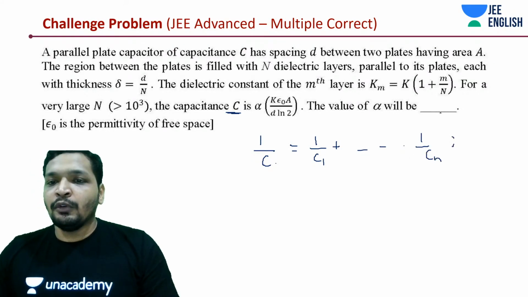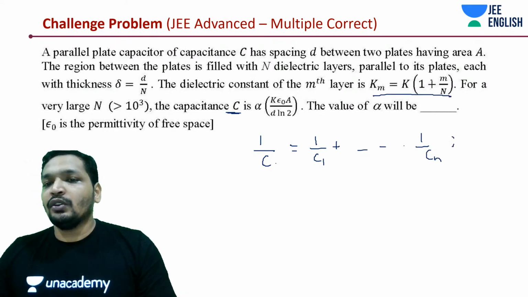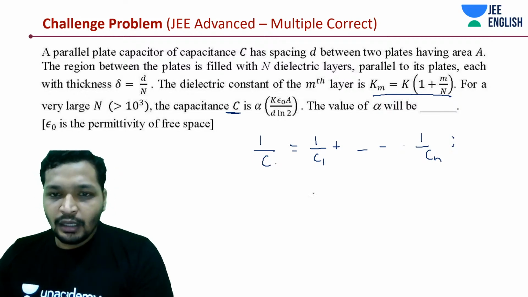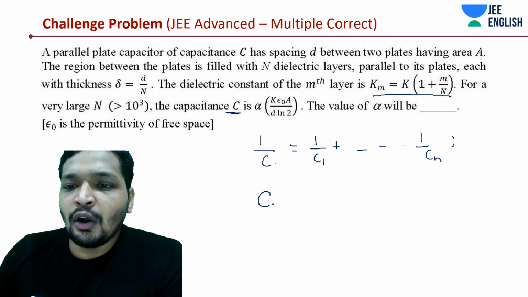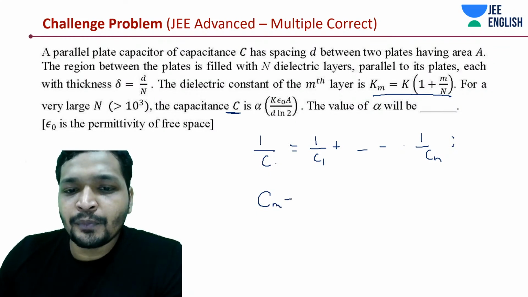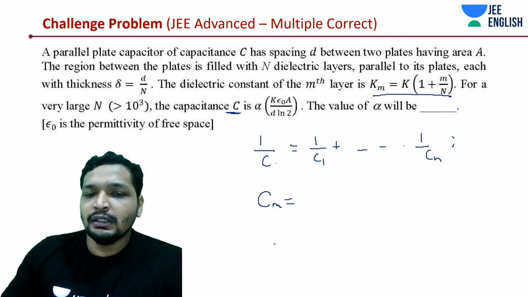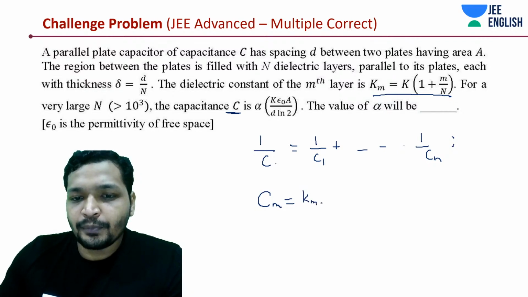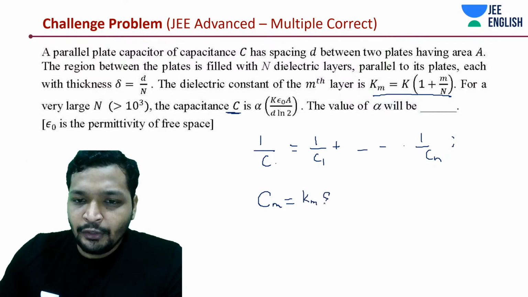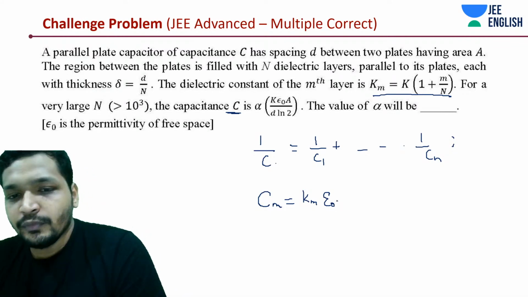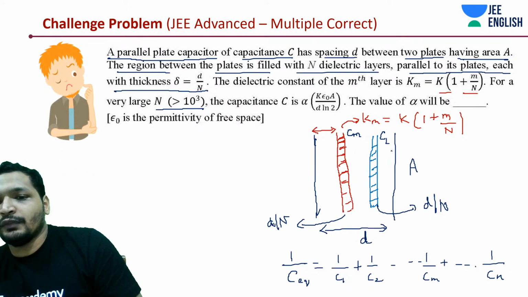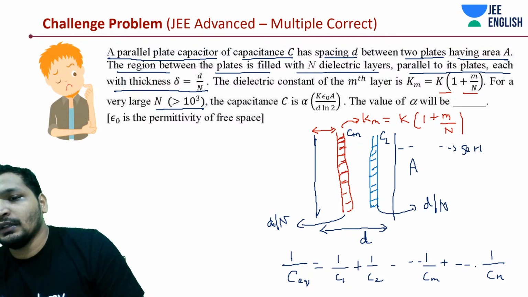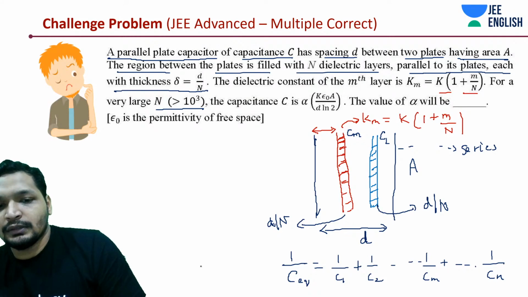The most important data is Km equal to K into 1 plus m by n. For layer m, the capacitance is Km into epsilon naught A by d. They are all in series, guys, which we have discussed a lot. That's why we are able to write this.